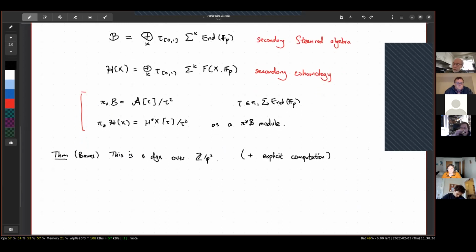And the reason we care about this at all is the following result, which is by Bowers and Giblads. I'm not sure if I'm pronouncing this correctly.